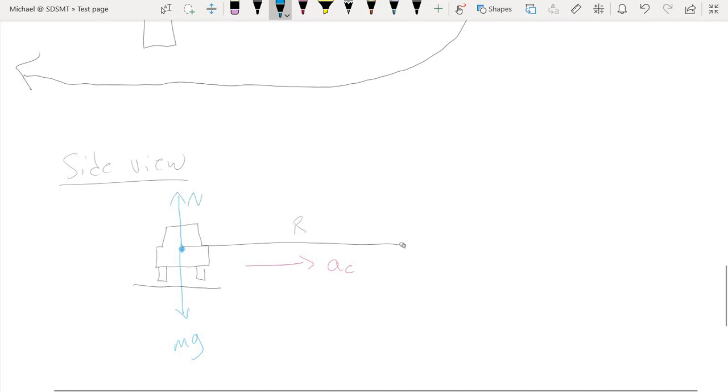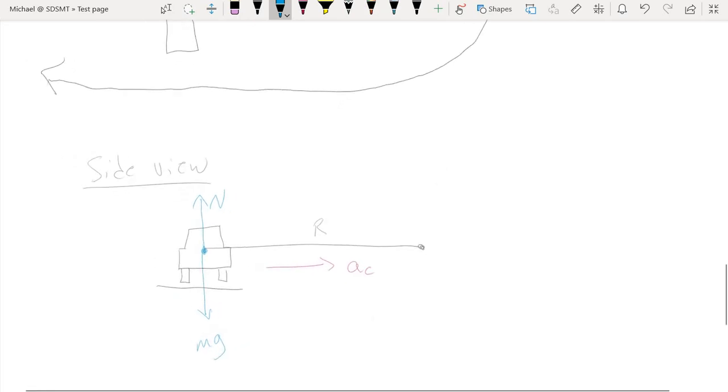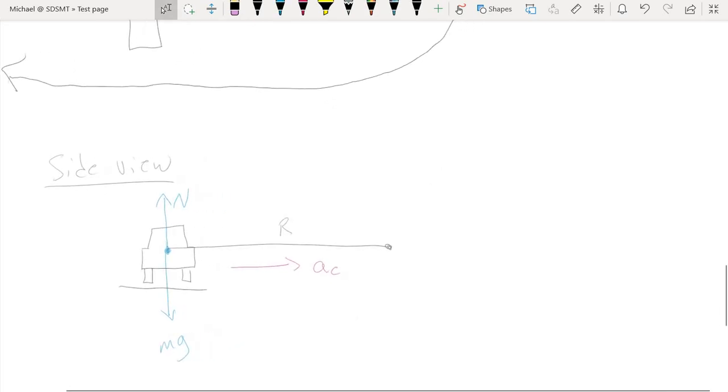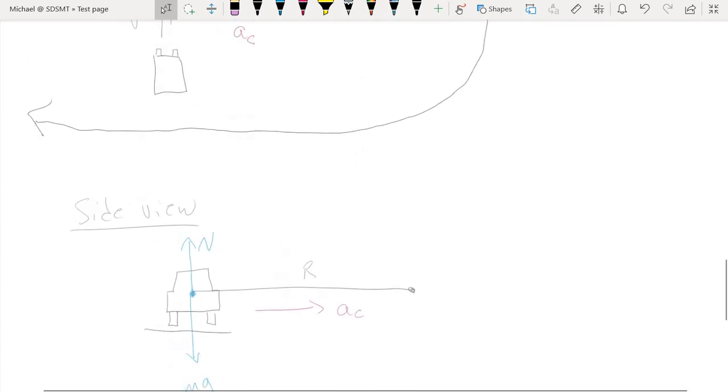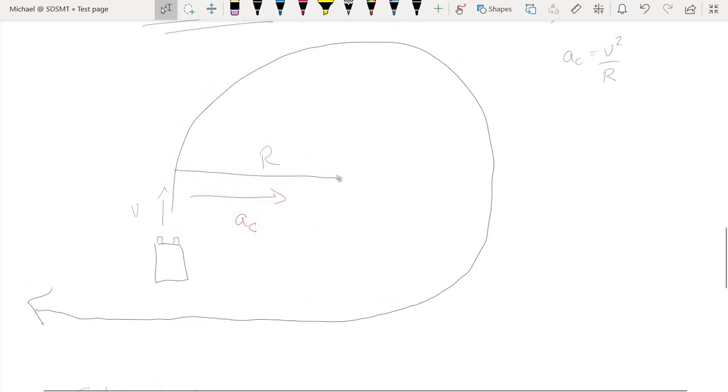The road has to push back with a counter force, which is a normal force, and that is not pointing in the direction of the centripetal acceleration. So it's not a normal force. And last I checked, there were no ropes or chains or anything else that I have to connect my car to in order to be able to travel around this circular exit. So tension is not a candidate.